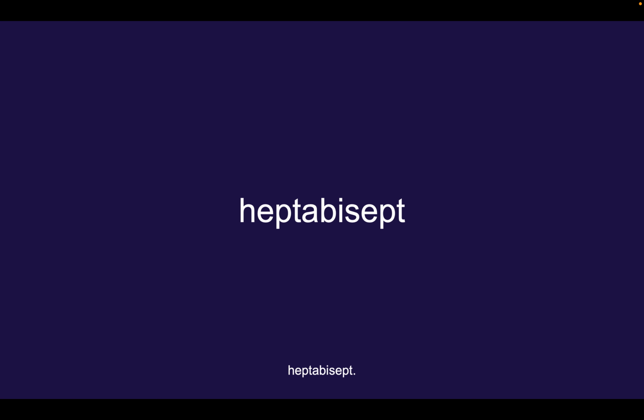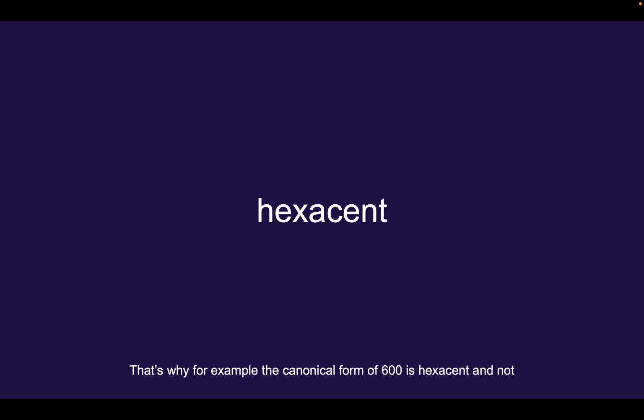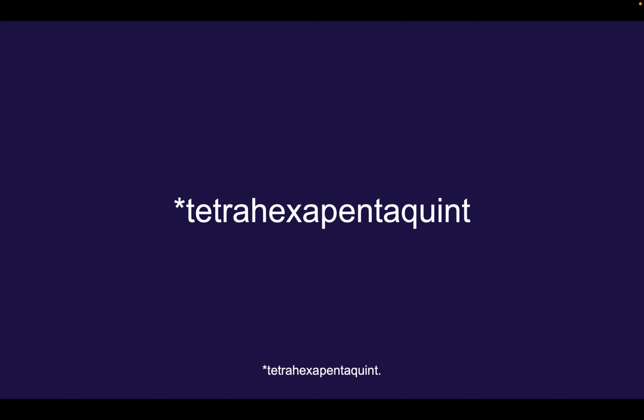So the canonical form of 98 is heptabisept. Also, it's worth noting that the factors close together rule does get occasionally bypassed when doing so minimizes the number of roots used. That's why, for example, the canonical form of 600 is hexacent and not tetrahexapentaquint.